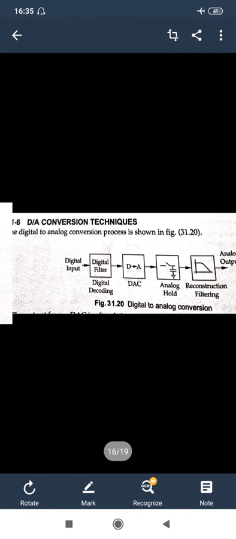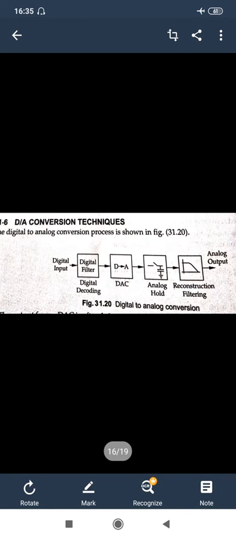According to this, when we talk about the conversion techniques, here we display the diagram where we use the digital to analog conversion techniques. We provide the digital input and take the output from the reconstruction filter.